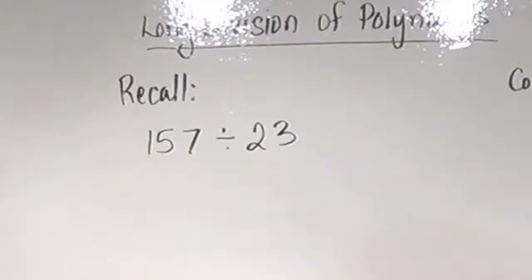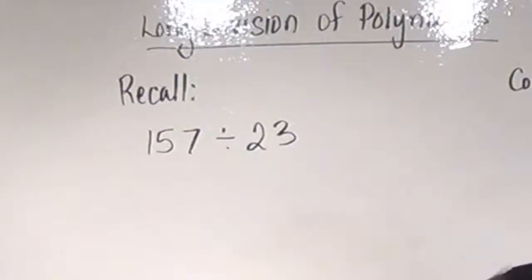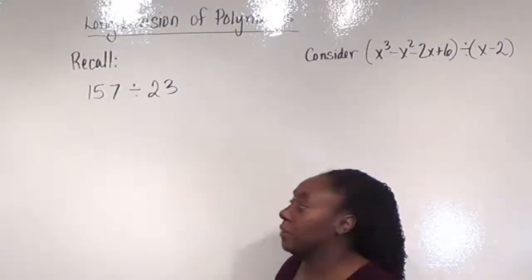Okay, so for long division of polynomials, I usually start by reminding you of how to divide numbers. Many people didn't learn long division of numbers the same way, so I'm going to show a specific way of doing this that is going to help with finding the division of a polynomial function.